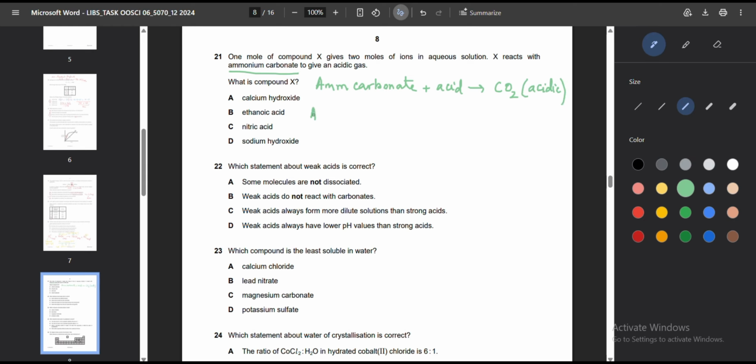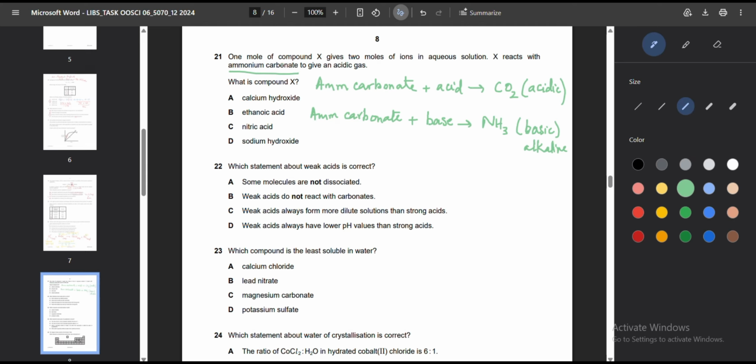And when ammonium carbonate or any other ammonium salt like ammonium phosphate or ammonium chloride reacts with a base or an alkali, the product is always ammonia gas. Ammonia gas is given out, and ammonia gas is alkaline, or you can say it is basic in nature.